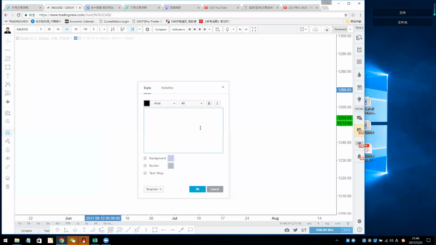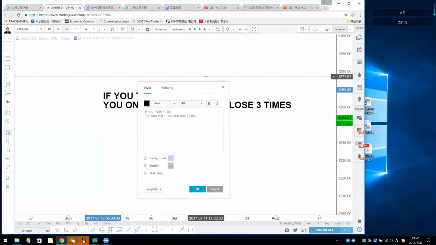Don't really look at the winning ratio. If you trade 4 times and you only win 1 time, you lose 3 times out of the 4. What will the trading result be?